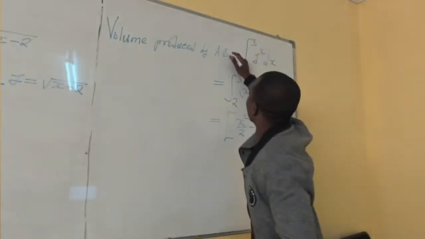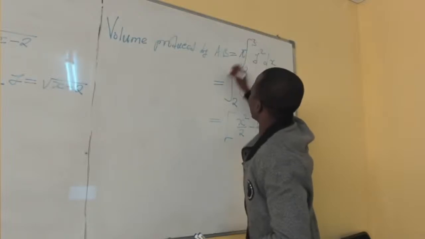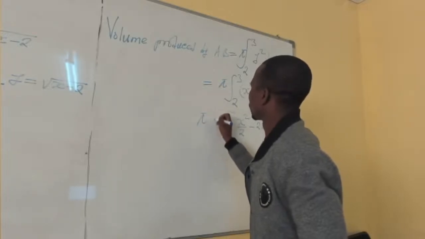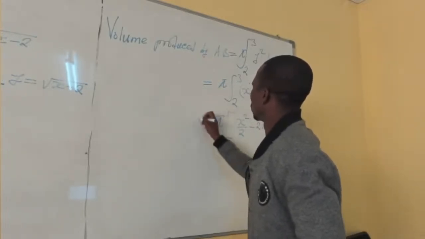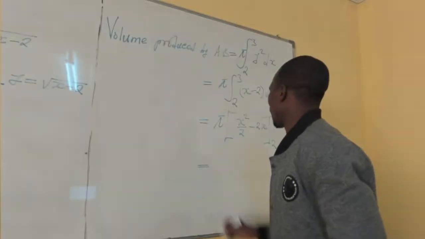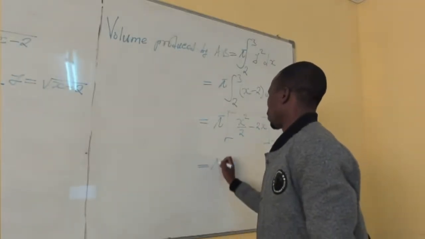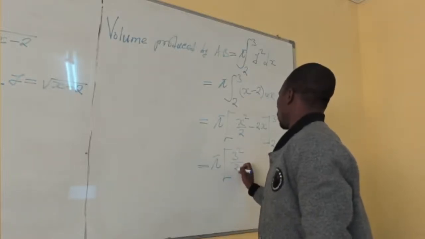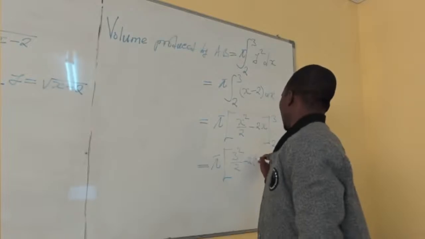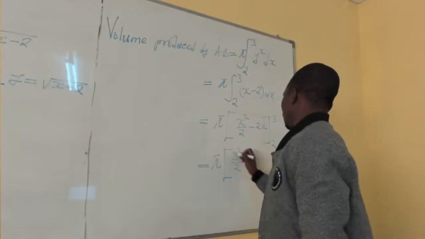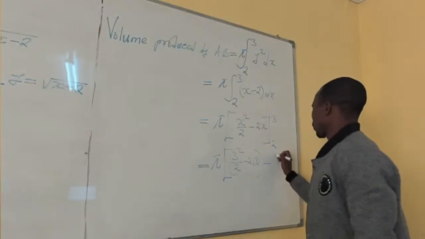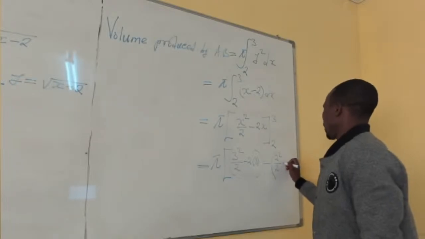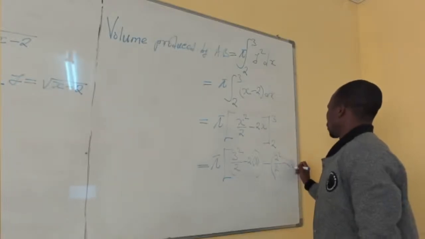Oh, sorry. We are supposed to have pi. Don't forget, please, this is a mistake a lot of people make when computing the volume. They forget about the pi. So when we use the fundamental theorem of calculus, this is just equal to pi multiplied by 3 squared over 2 minus 2 times 3, minus 2 squared over 2 minus 2 times 2.